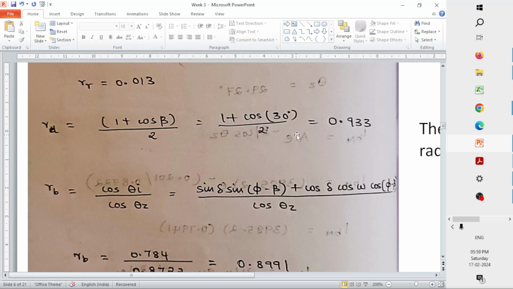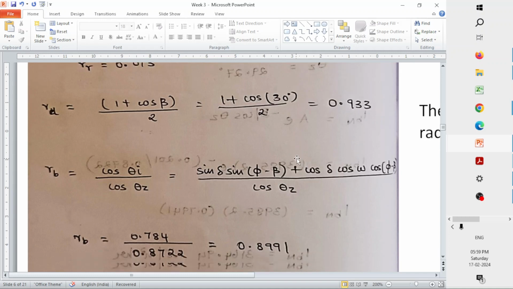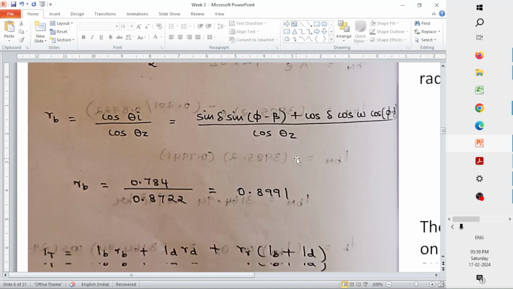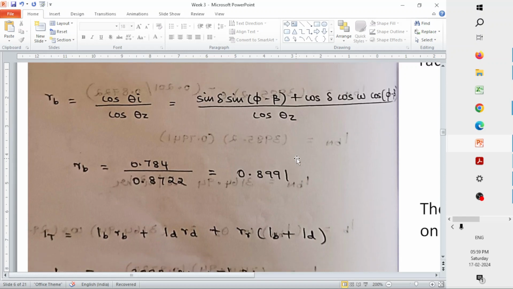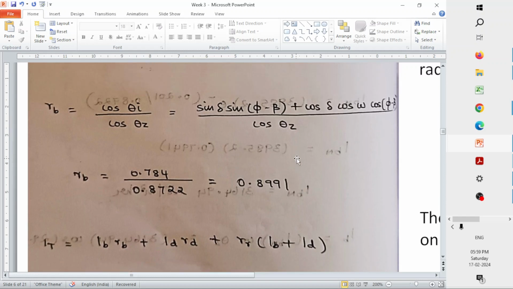Kilojoule per meter square hour is the standard way of using it, but if you want, you can also write it in terms of watts. 1 watt is 1 joule per second. That is just the unit conversion.